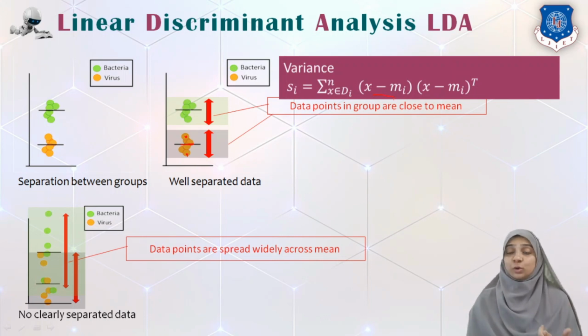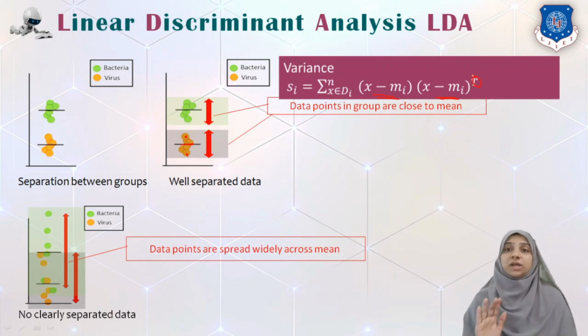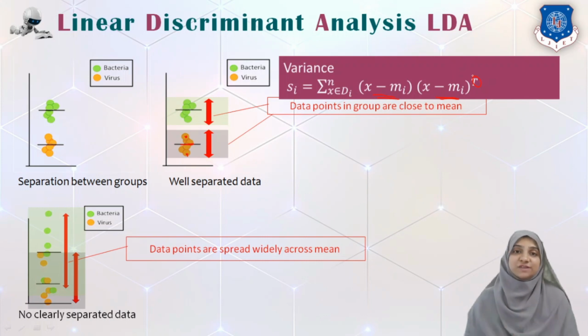Now, data points are represented in the form of vectors. So instead of squaring them, I will take the difference vector multiplied with the difference vector transpose. Transpose of a matrix is nothing but converting rows into columns and columns into rows. So instead of squaring, we are making the transpose of the matrix.